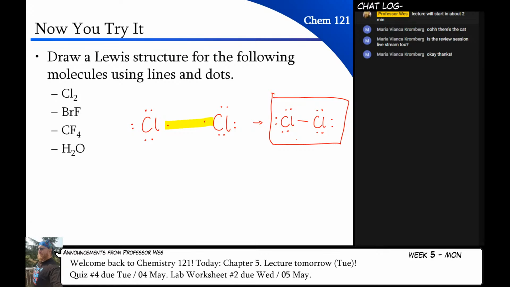All right, so I've shown you Cl2. Do BrF, which is actually exactly the same. And then try and do CF4 and H2O.